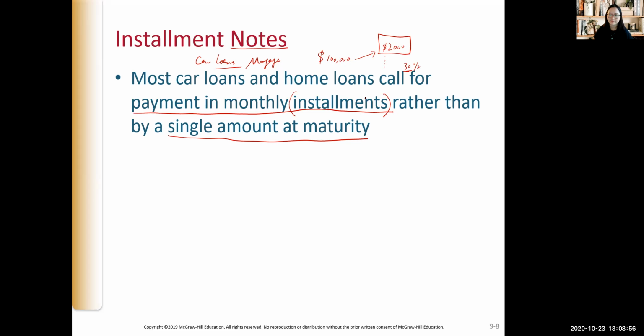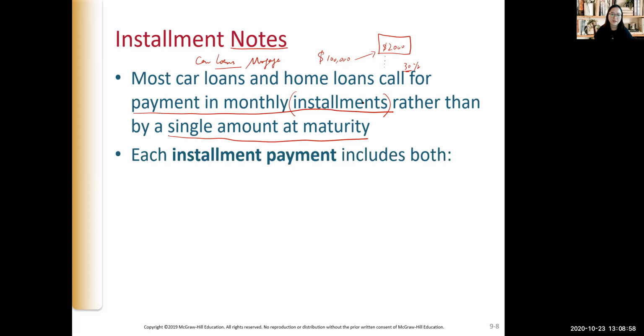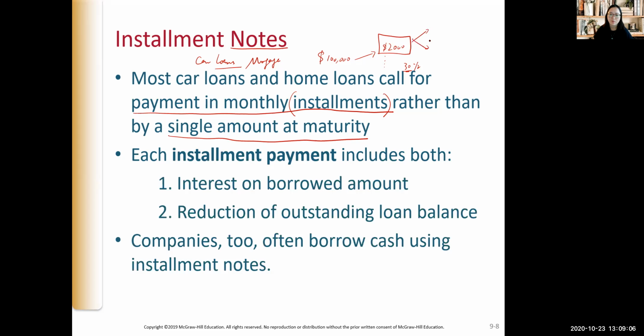Each installment payment includes both components. I can divide this $2,000 into two parts. One component is the interest generated by the amount that you borrowed. The other part is the principal, right? This $2,000 not only pays the interest, at the same time it has a component flowing to the principal side.